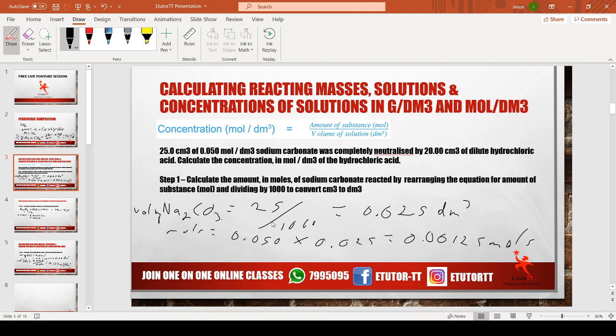So we have 25 cm³ of 0.05 moles per dm³ sodium carbonate that was completely neutralized by 20 cm³ of dilute hydrochloric acid. Calculate the concentration in moles per dm³ of hydrochloric acid.